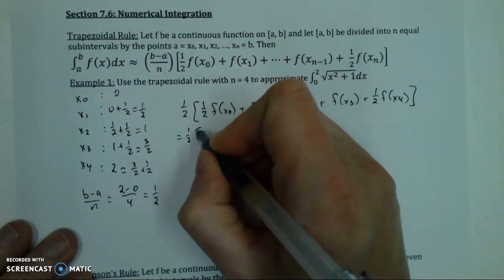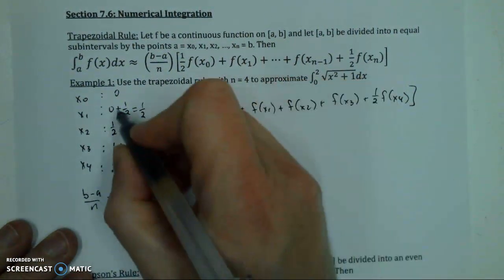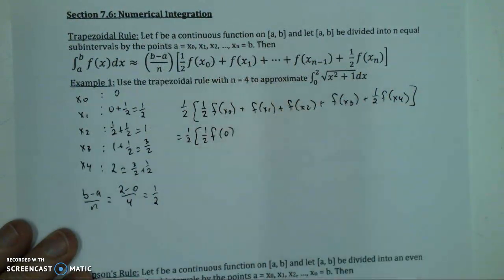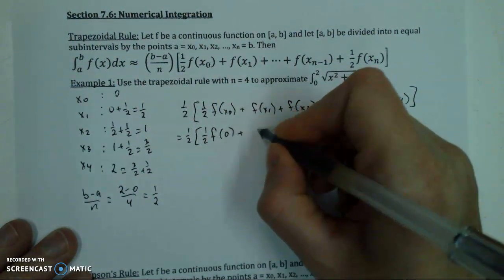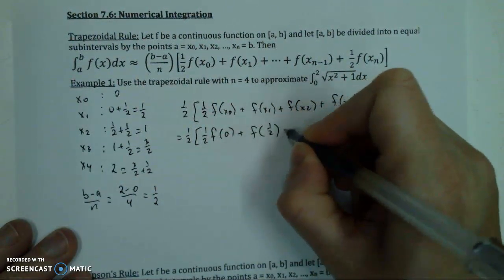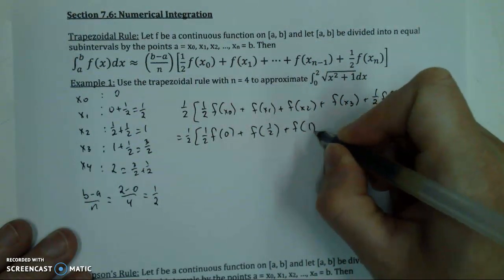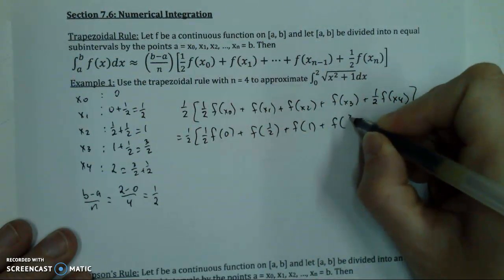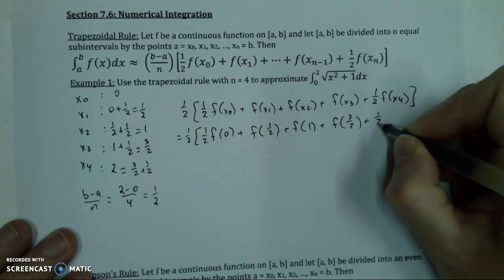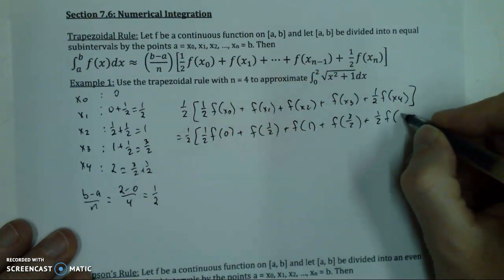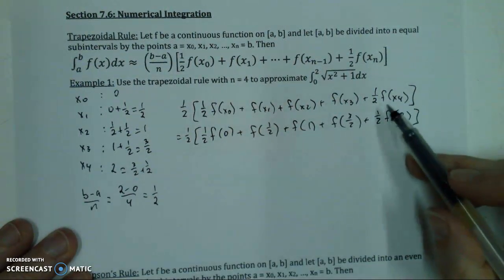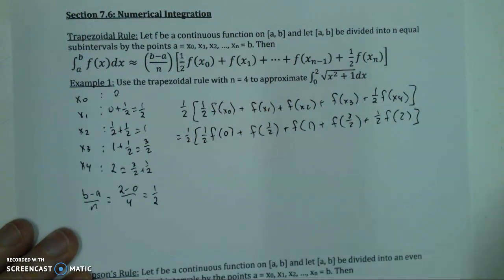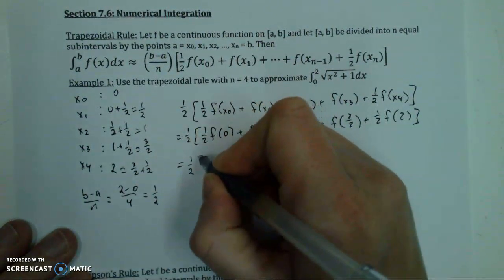All right, so x sub 0 is 0, x sub 1 is 1/2, x sub 2 is 1, x sub 3 is 3 halves, and x sub 4 is 2. My function here is the square root of x squared plus 1, so let's plug all that in.